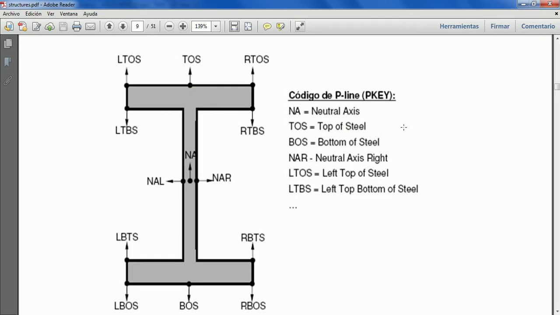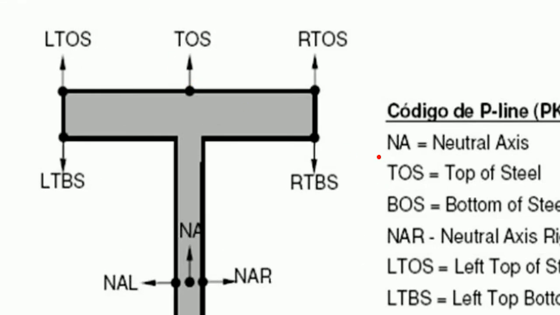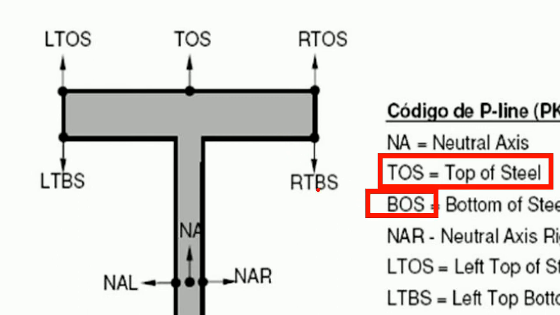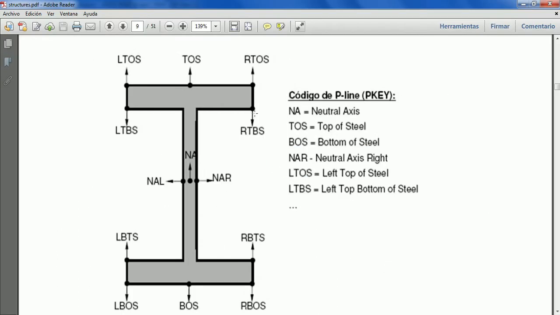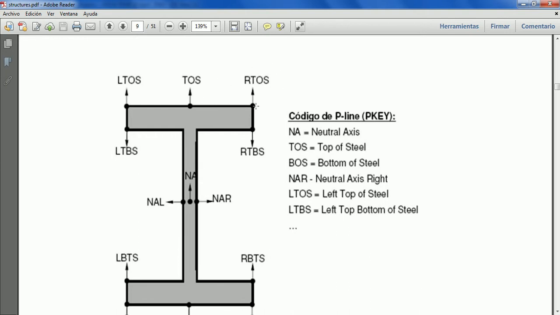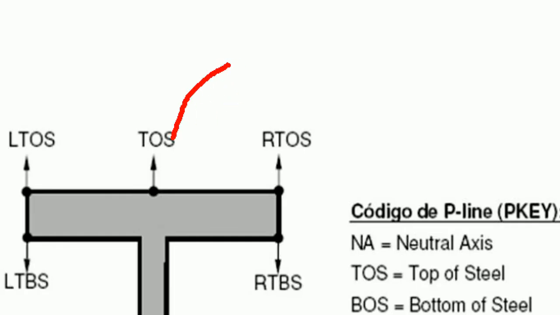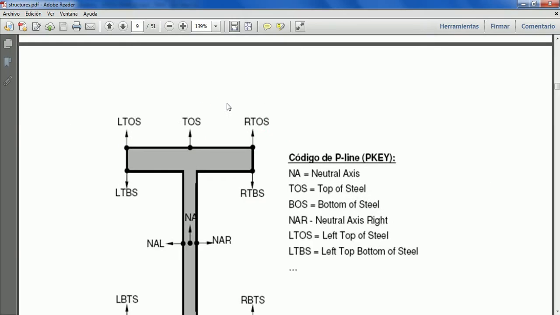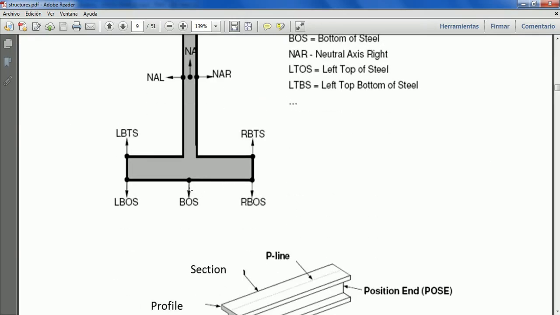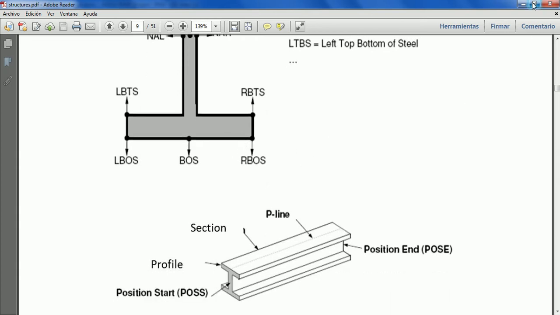Okay, then another important line will be the top of steel here, and the bottom of steel at the bottom of the section. The top of steel is very important when you want to place a pipe here on a pipe rack, and you need to refer the bottom of the pipe to the top of steel. Same for the bottom of steel, it is important for pipe supports, for instance.